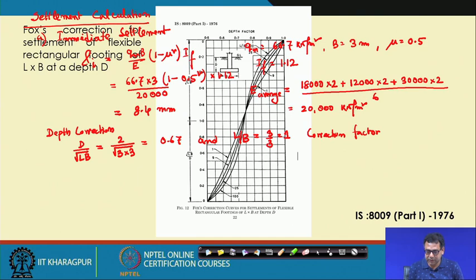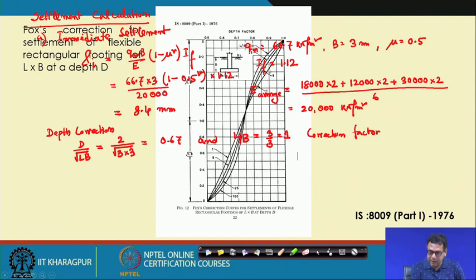So, this is the Fox chart. From here I will get the depth correction. As it is mentioned, you can see d by root L b. So, this is the d by root L b. That is 0.67, so 0.67 will be somewhere here. Corresponding L by B equal to 1.